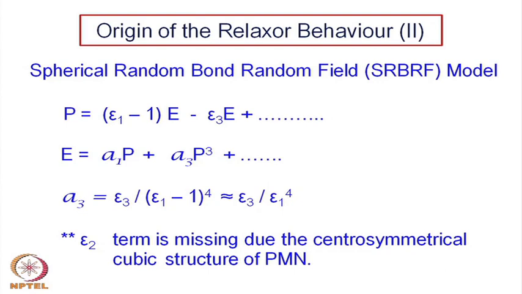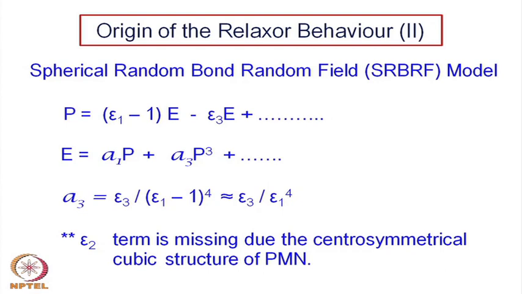Normally we write the equation epsilon minus 1 into E, that is the relationship between polarization and electric field, but here, because of the distribution of relaxation time, you have different parameters, a kind of polynomial, written as the relationship between polarization and electric field. So, epsilon 1 minus 1 multiplied by E minus epsilon 3 E and so on and so forth.